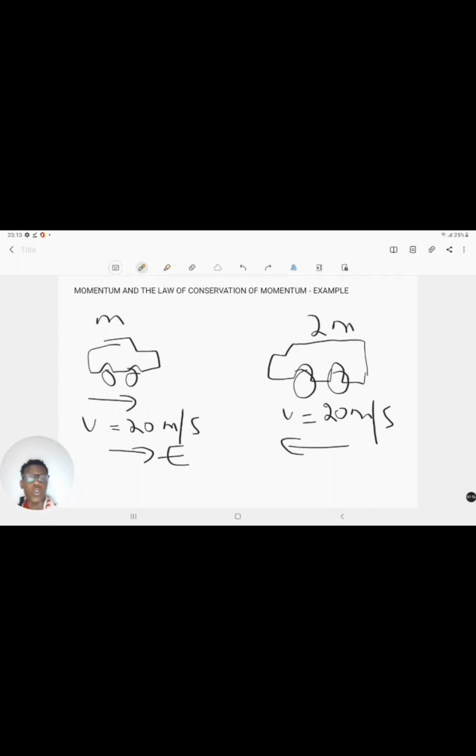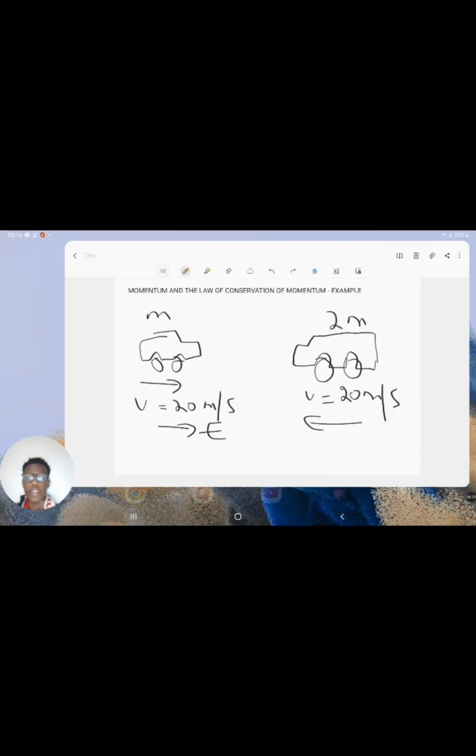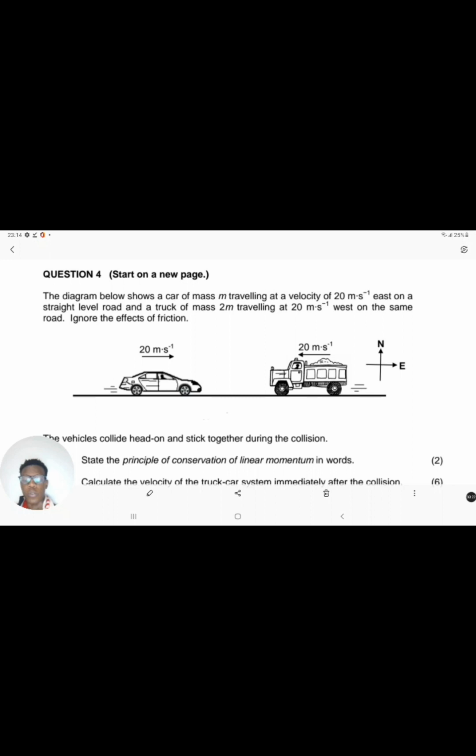If we ignore the effects of friction and there is no other applied force acting on the vehicles, then there is no net external force. So the net external force is equal to 0 on both vehicles. That's important information they are giving us when they tell us to ignore the effects of friction. Let's continue reading through the question.